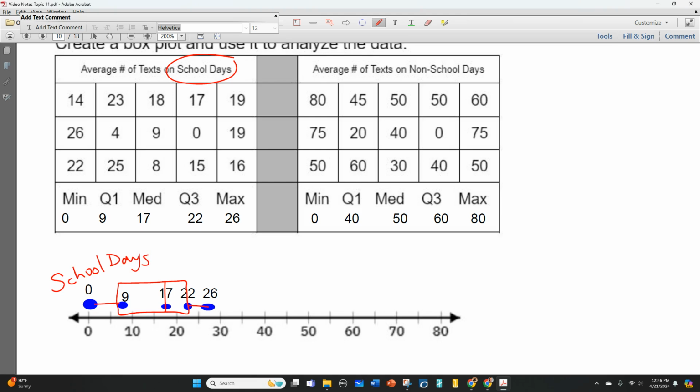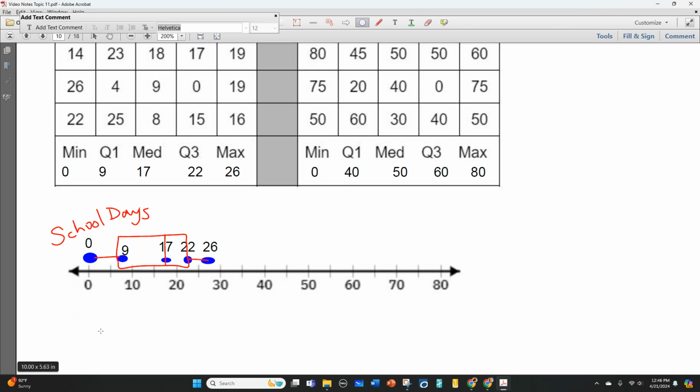And then we repeat the process for our non-school days. So we've got a minimum at 0, and I'll just do it below the number line. Now, this is possibly an outlier, so let me just move on from that for now. We've got 40 and 50, 60, and 80.